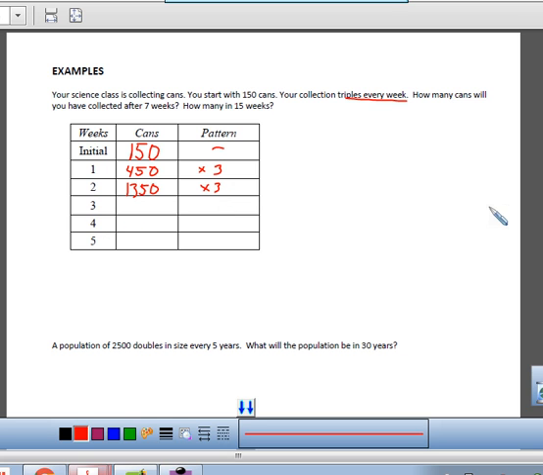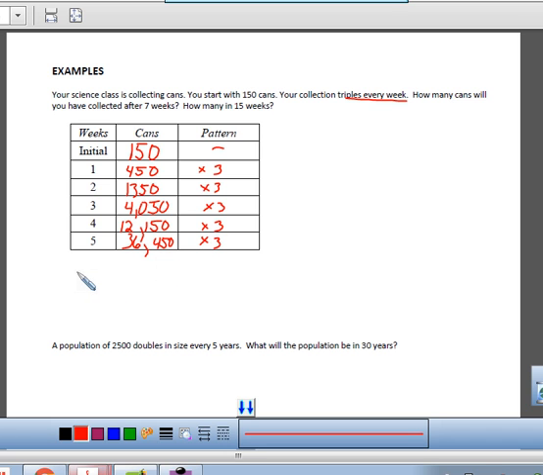And keep on going. Now, another way to do that, multiply by 3, and you probably are thinking about this from the previous page. So let me continue. 4,050 multiplied by 3. 12,150, that's a lot of cans, multiplied by 3. 36,450, and you get the point.